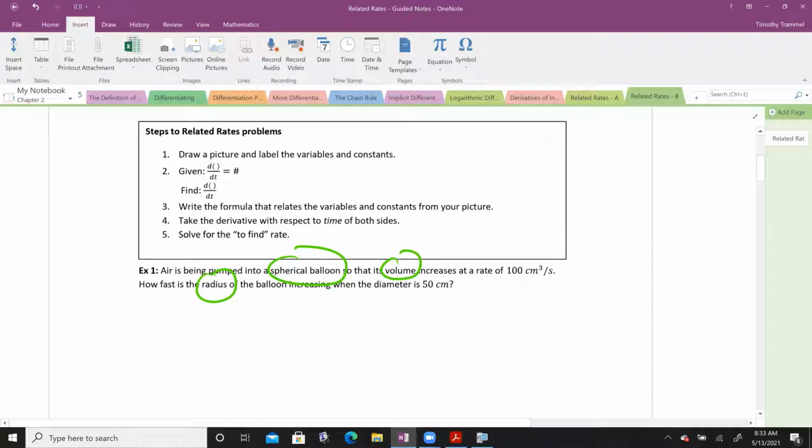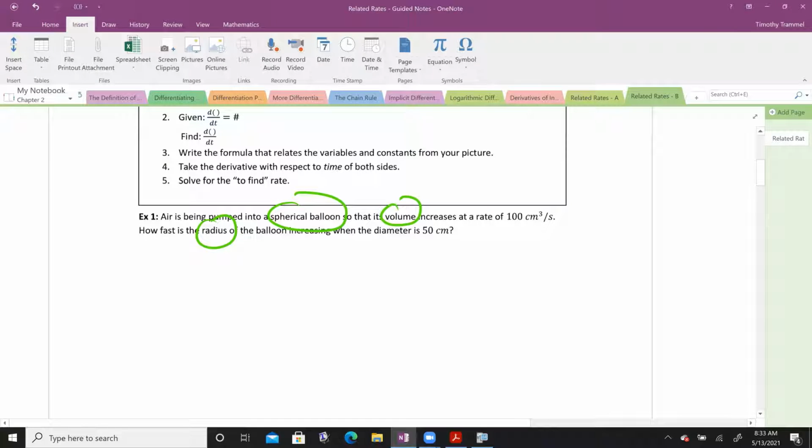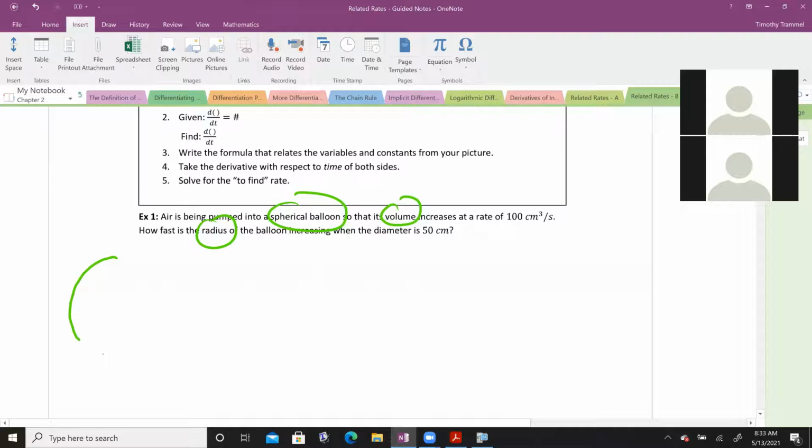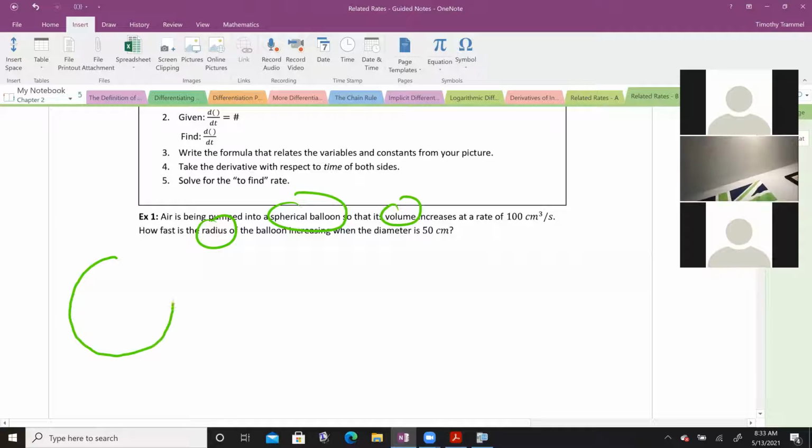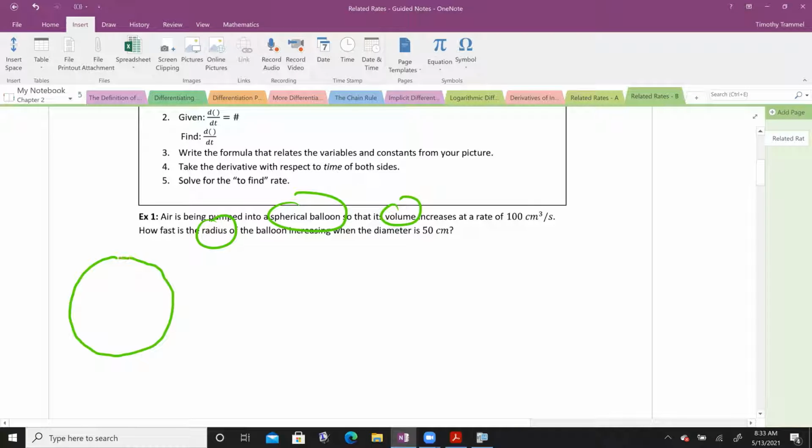So if we were to draw a picture of what's going on, we're just talking about a sphere. Okay. So the picture in this case is going to be one of the cases where probably a picture is not really needed, okay, but we're going to put one in here anyway. Okay. So we have a sphere.